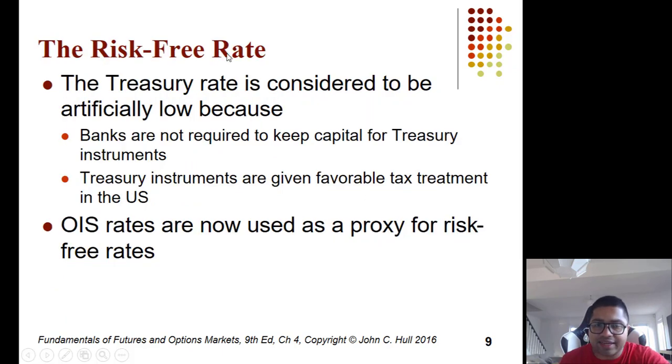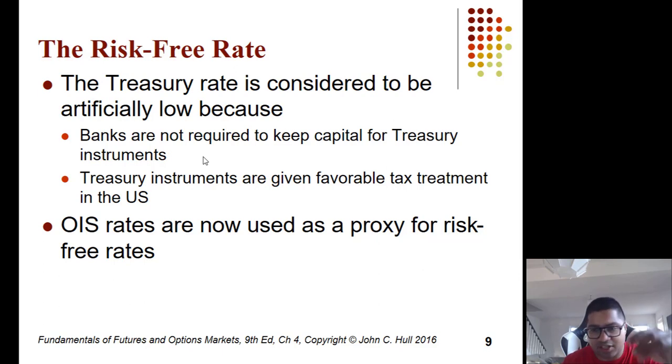Now, risk-free rate: generally people assume that risk-free rates are treasury rates, but that's not the case. Treasury rate is not considered to be risk-free. The reason is they are artificially low, because whenever banks buy treasury bills or treasury bonds, or borrow from the Fed, they are not required to keep collateral.